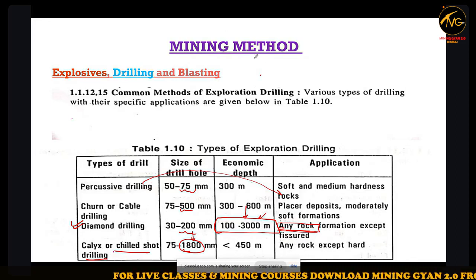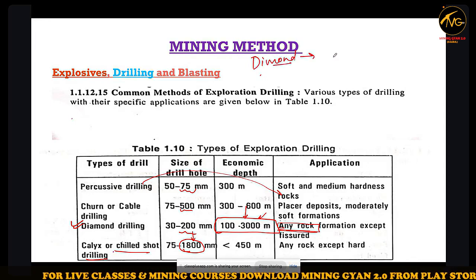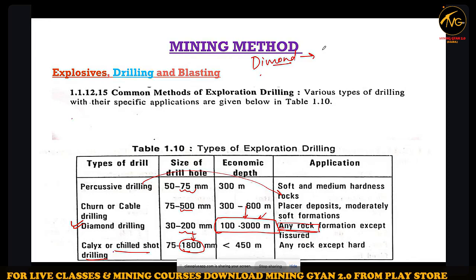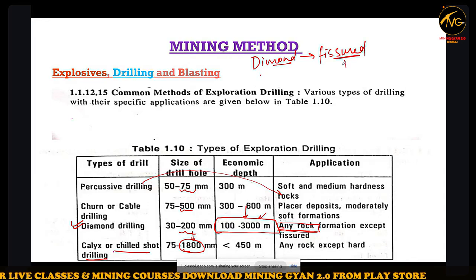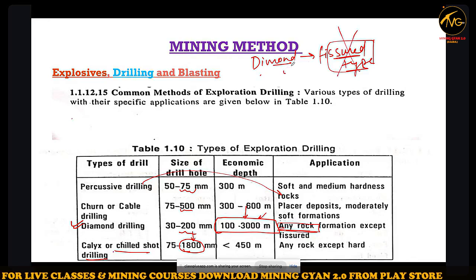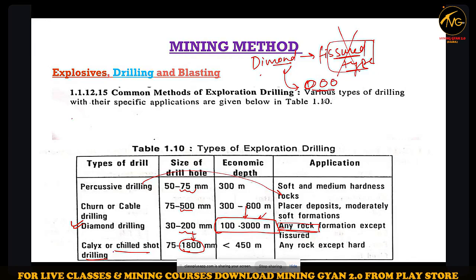You should remember one point, that diamond drilling is not optimal for fissured type of rock or type of strata. We do not use diamond drilling there. Otherwise you can use diamond drilling for any material, any type of rock. It has the highest economic depth.